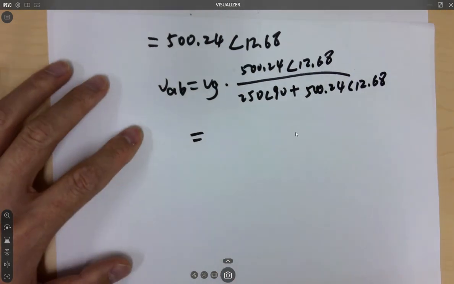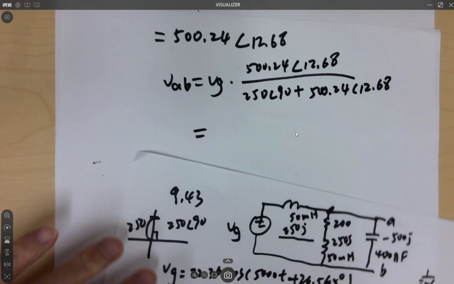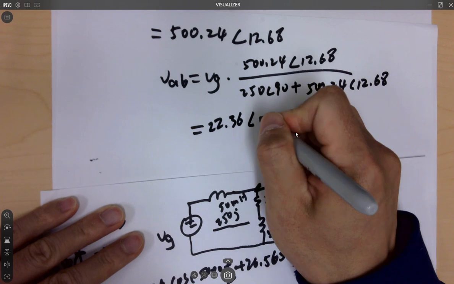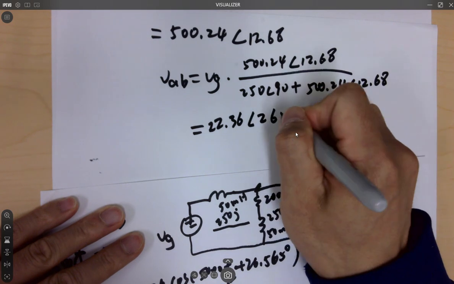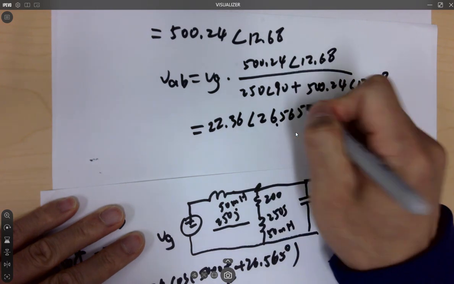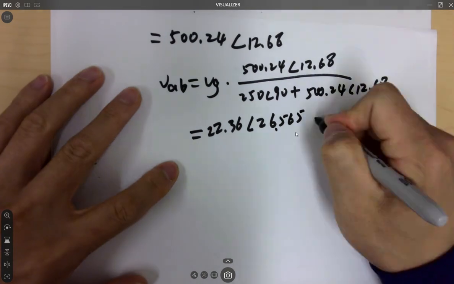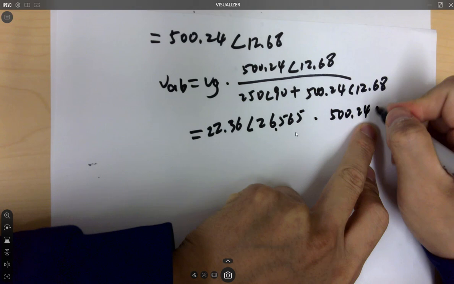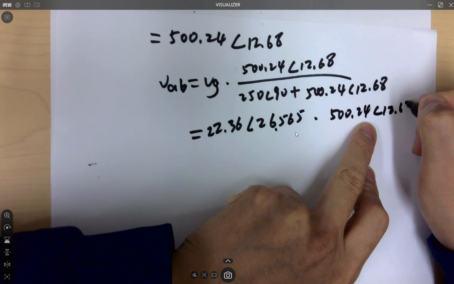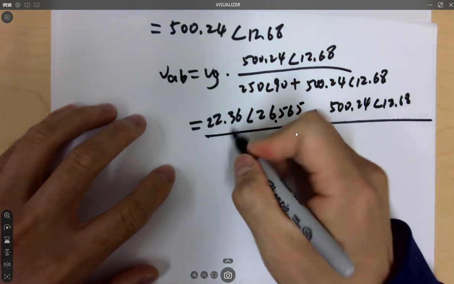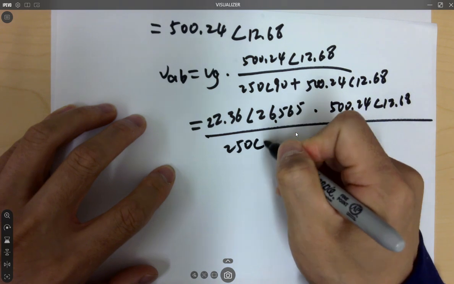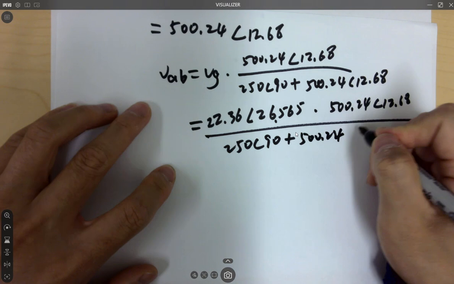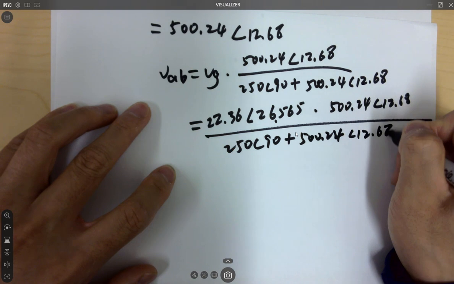And since we know that VG is this, we have 22.36 angle 26.565 times 500.24 angle 12.68 divided by 250 angle 90 plus 500.24 angle 12.68.